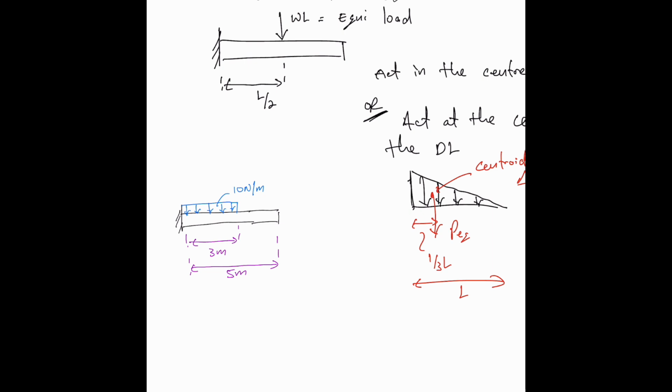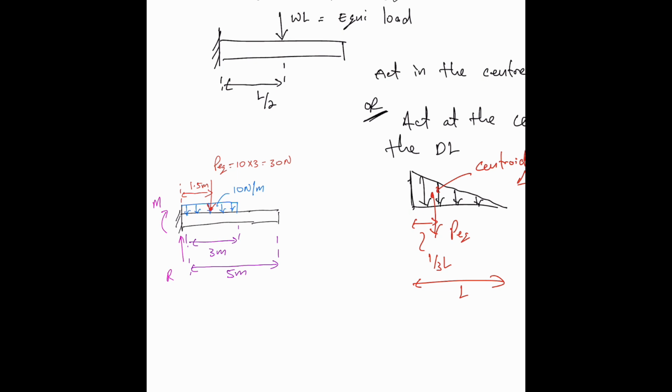Alright, so in this case here, the equivalent load will be what? It will be 10 by 3, which is 30 newtons, right? And it will be acting at the center of that distribution, so it will be 1.5 meters. So now we could use that to calculate our reaction. So we have a reaction here, and then we will have a reaction moment, and we need a moment to keep the beam up.